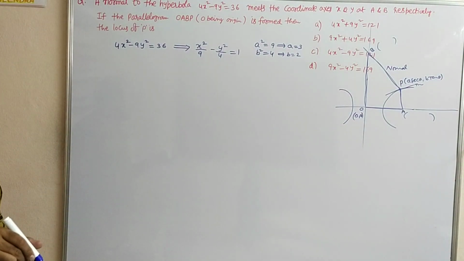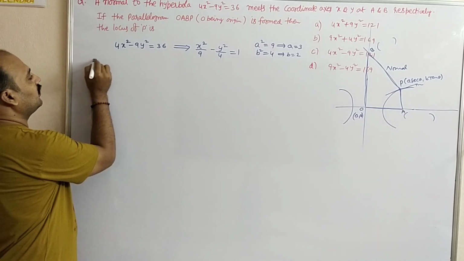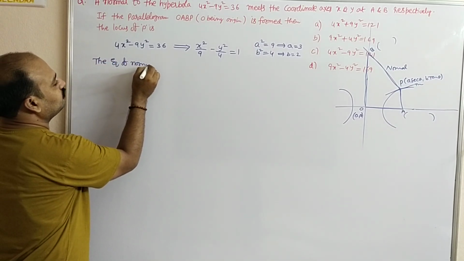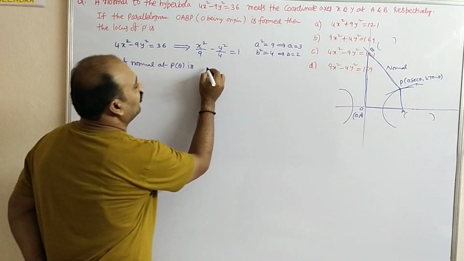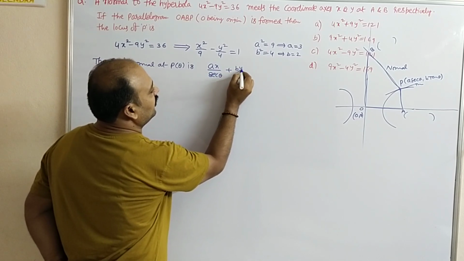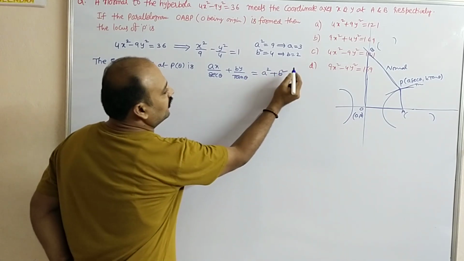The equation of normal at parametric point. The equation of normal at P of theta is ax/secant theta plus by/tan theta is equal to a² plus b².